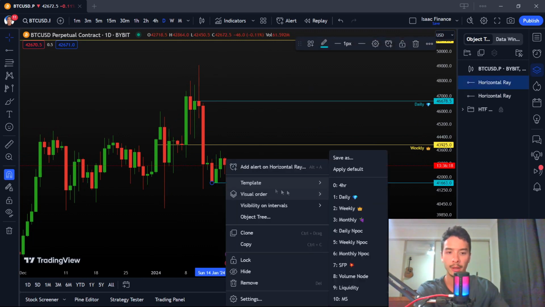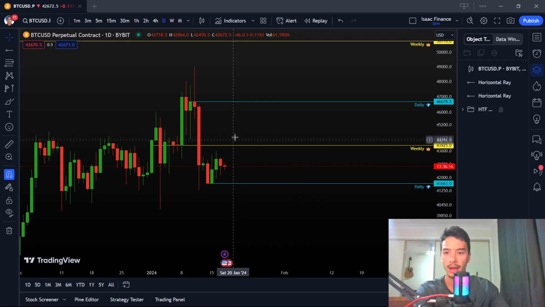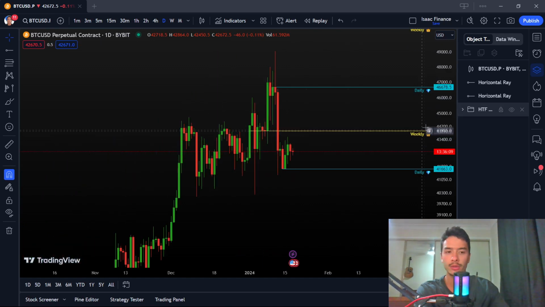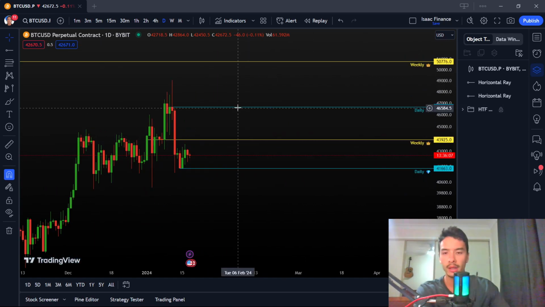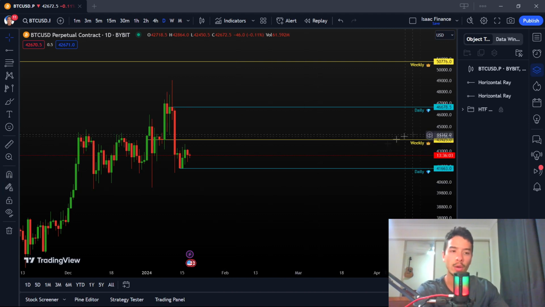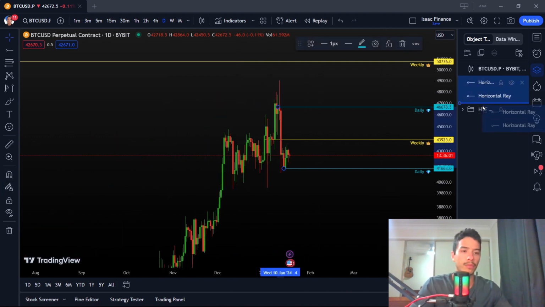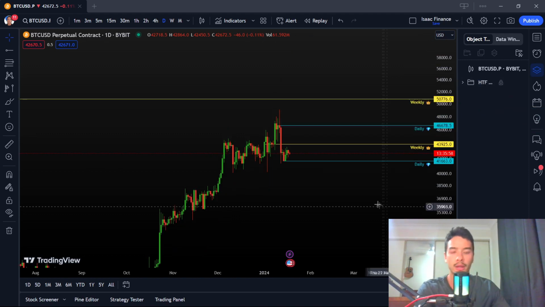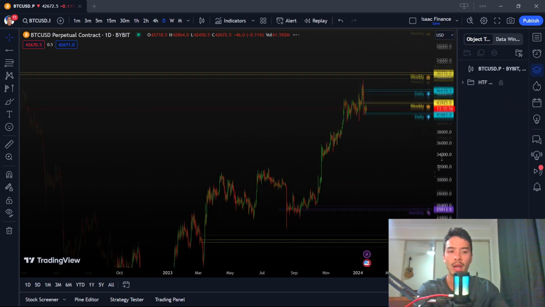Our daily bottom here. There. Cool. Interesting. So we've got this sort of like pitchfork kind of formation we've got going here. But anyway, that's besides the point. Let's chuck that into this folder there. Okay, so those are our daily levels, our weekly, and our monthly.